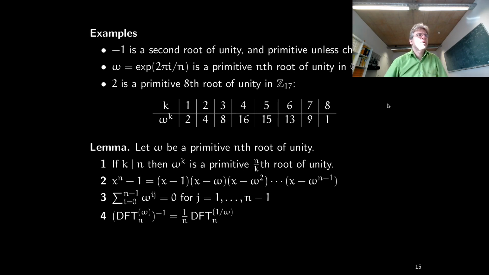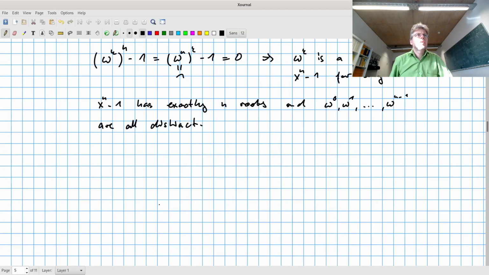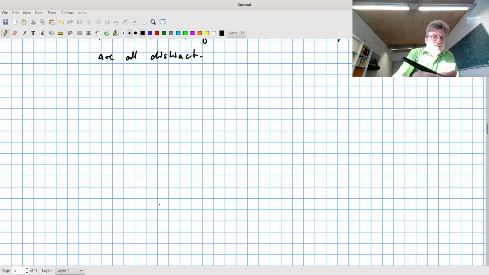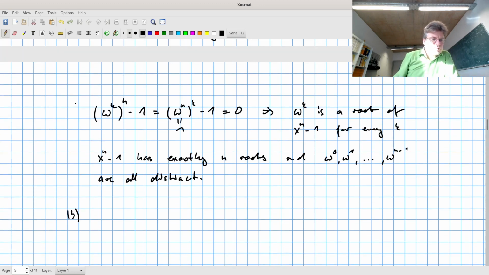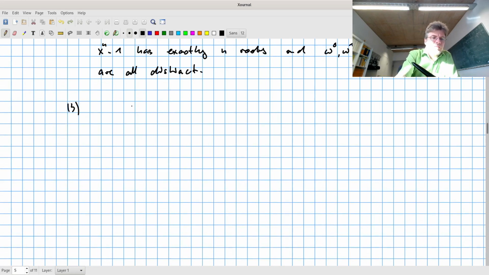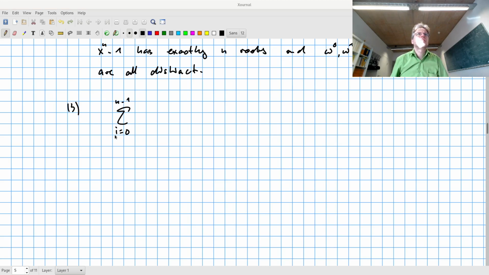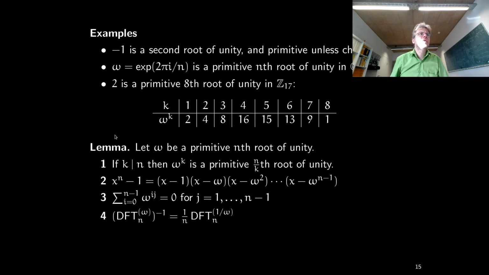The next one is an easy calculation, this summation identity. So what happens if we sum i from 0 to n minus 1?